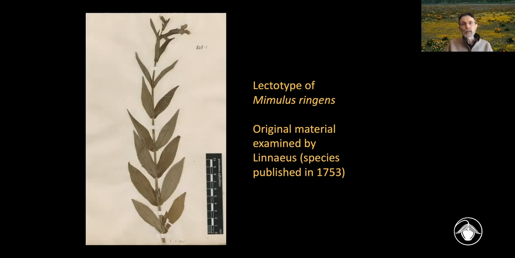We call it a lectotype because Linnaeus didn't actually refer to this particular specimen in a sufficiently clear way as the type specimen, but it can be definitely inferred to be the original material he examined.